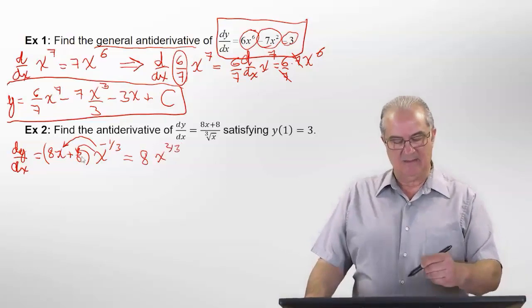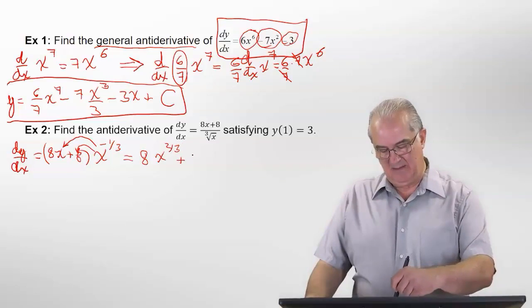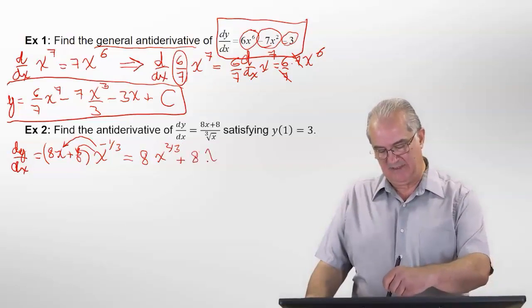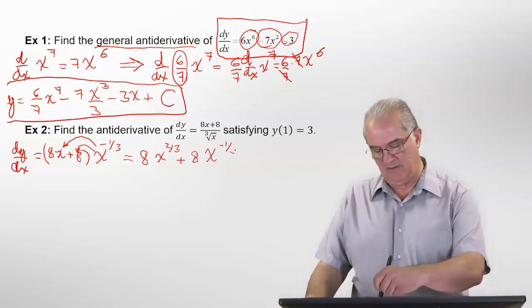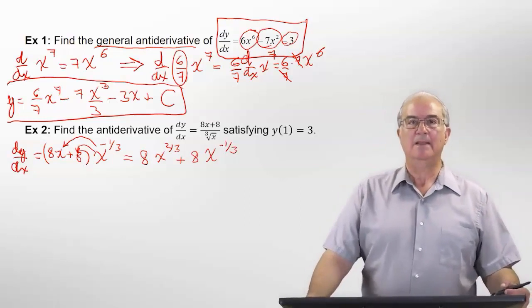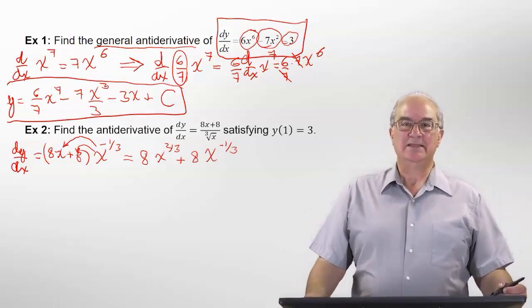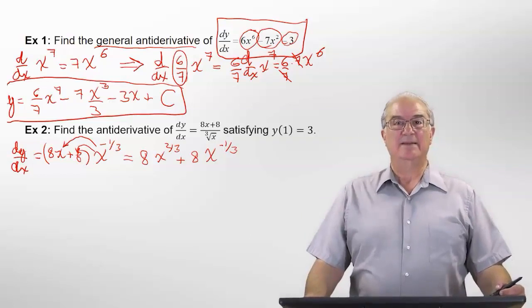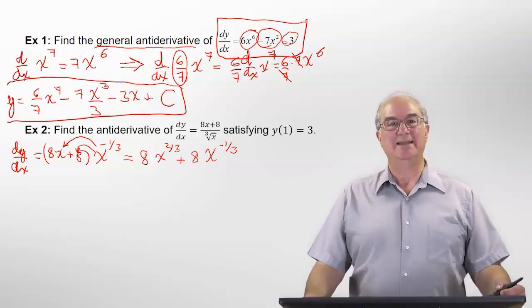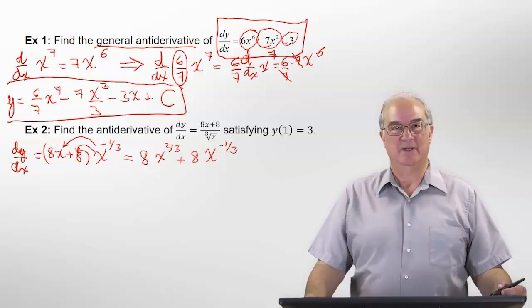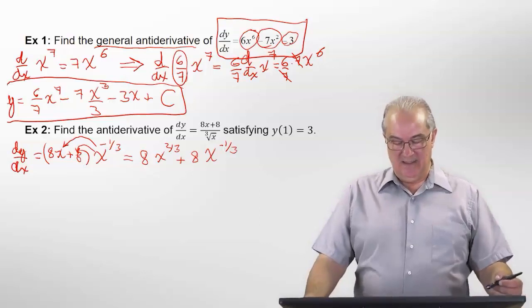And then the next term is 8, so plus 8 times x to the power minus 1/3. So this is the derivative for which we want to find an antiderivative that we are going to call y.